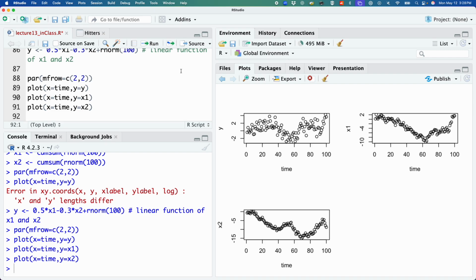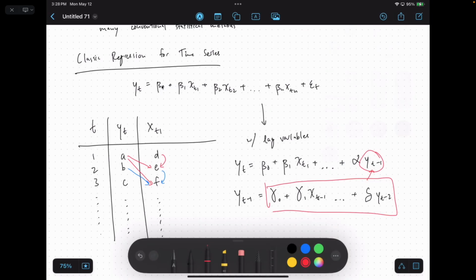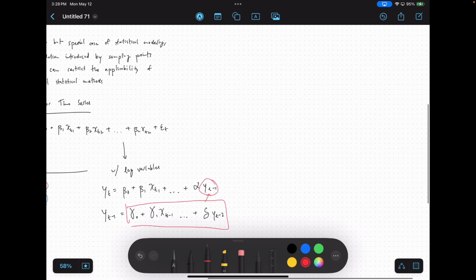Actually, let me jump back to the notes really quick, before we continue on this particular example.